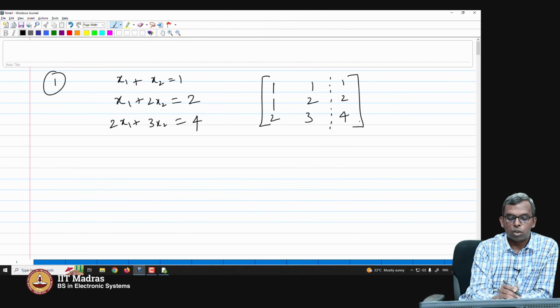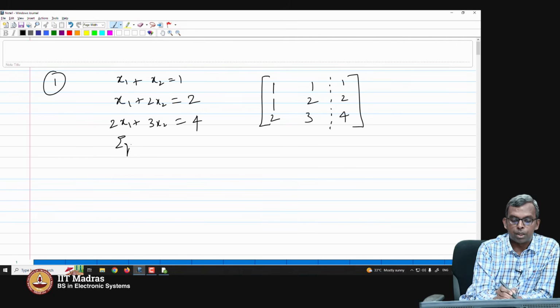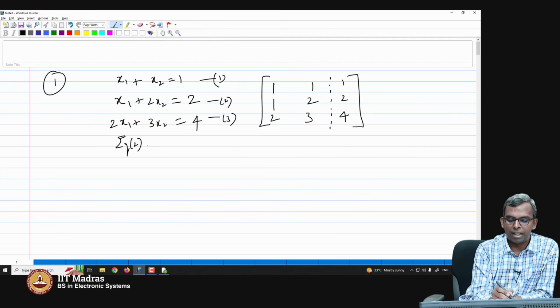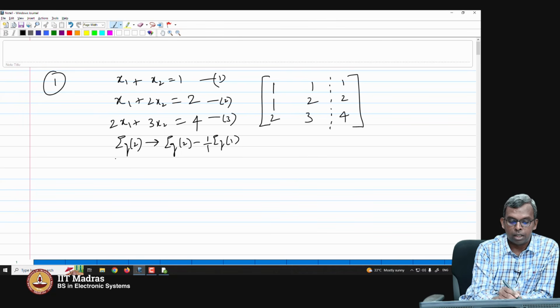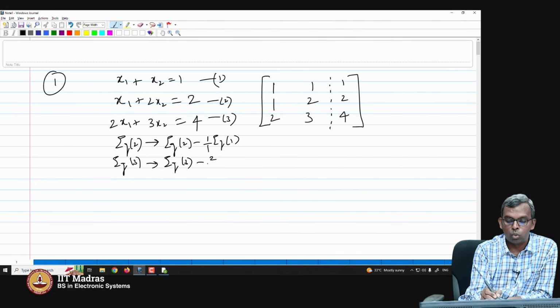Okay. What's going to be my elimination step? Equation 2, so we can write this as 1, 2, 3. I'm just writing it in laborious detail for the first time. After that, I will be a little bit faster. Equation 2 minus 1 by 1 times equation 1, so that's just equation 1, and equation 3 is going to be replaced with equation 3 minus 2 by 1 times equation 1.